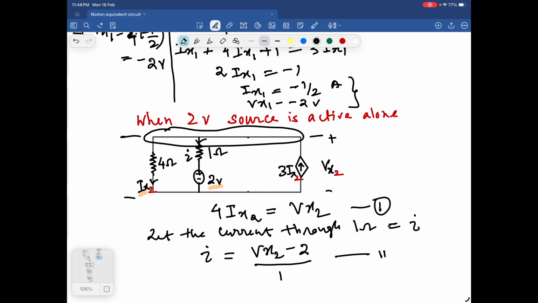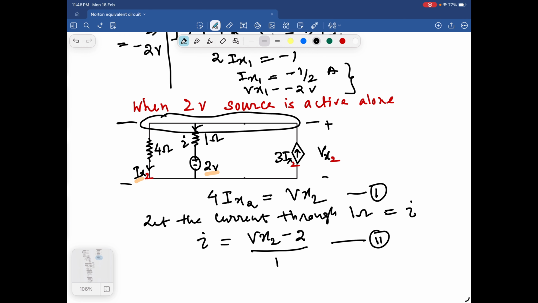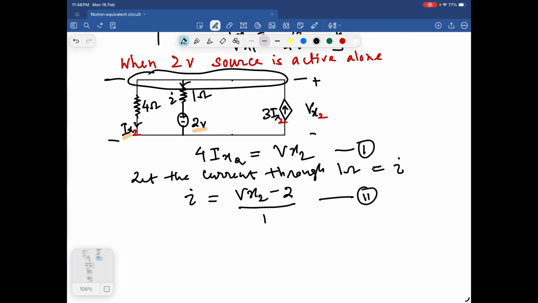So this is my equation 2. Here I can write I plus Ix2 is equal to 3Ix2. So I is equal to 2Ix2.